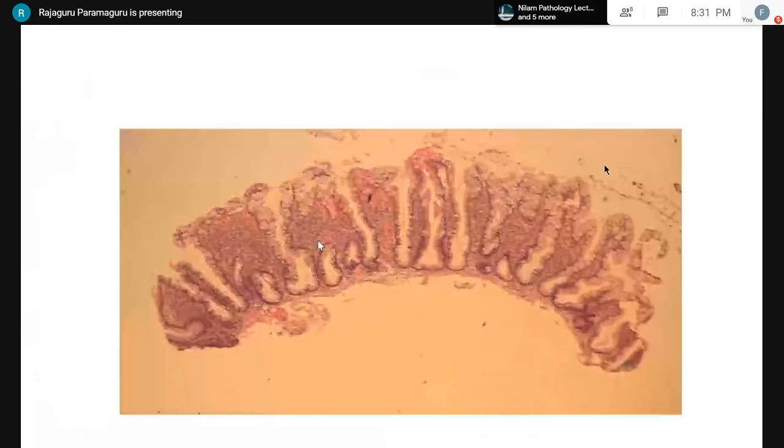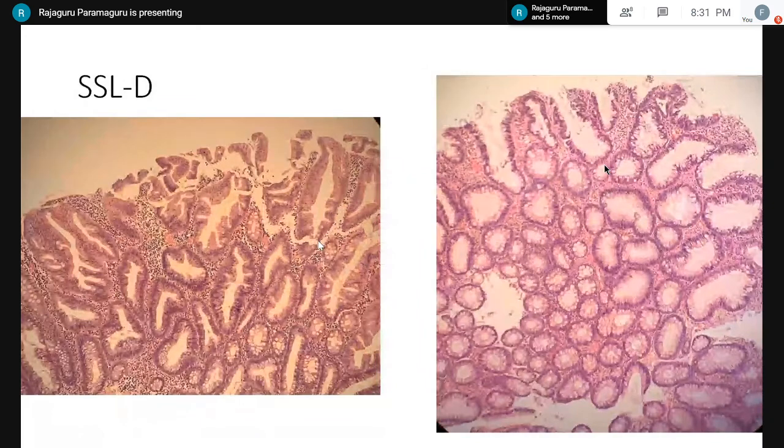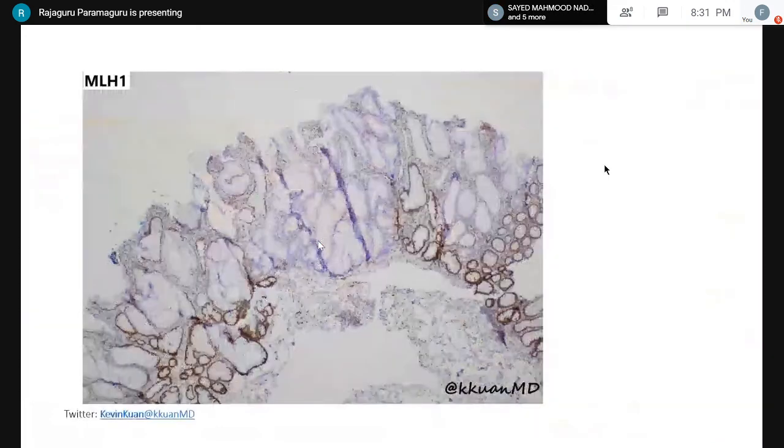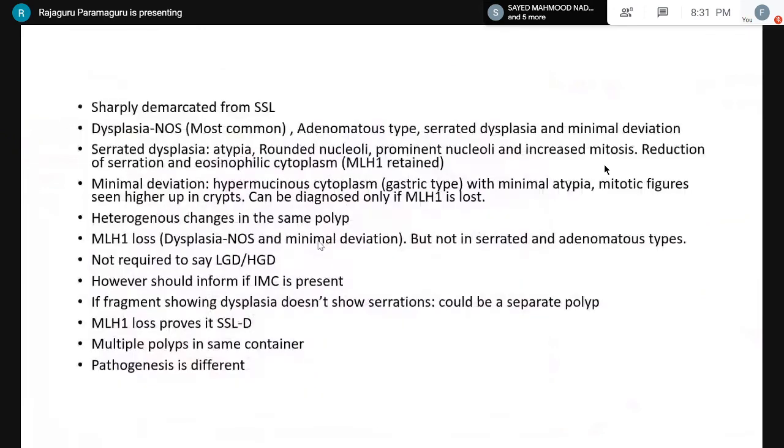This is going to show a lot of nuclear stratification, nuclear atypia, with or without loss of polarity, and the adenomatous type is going to show changes similar to that of tubular or tubulovillous adenoma.